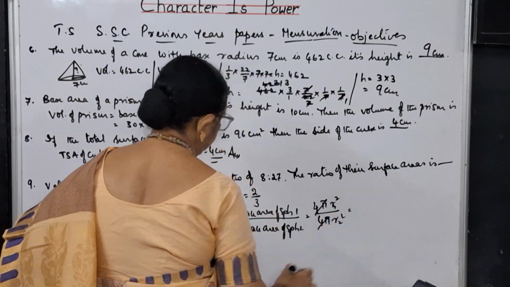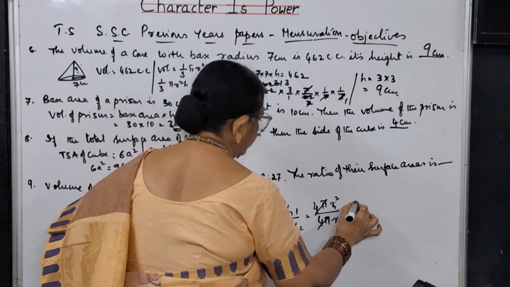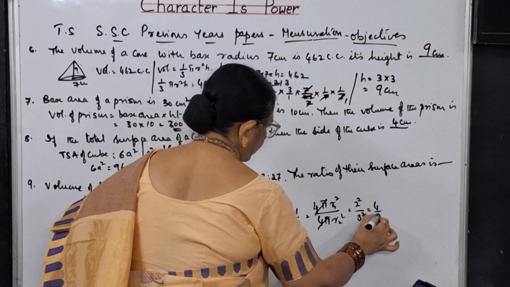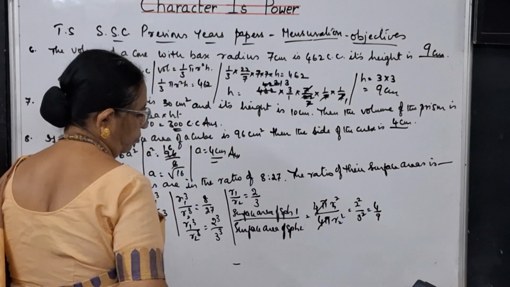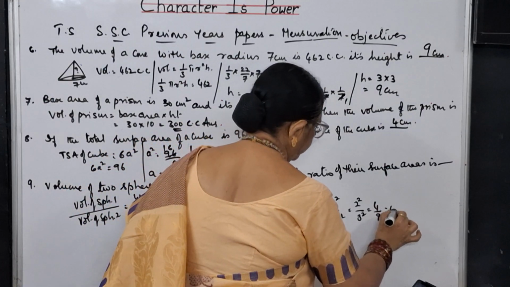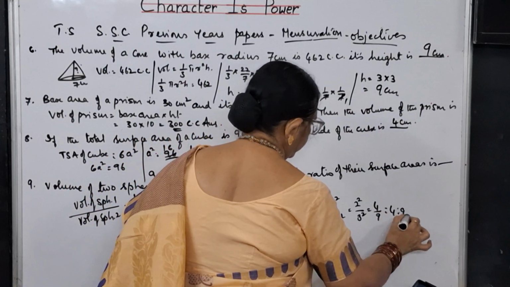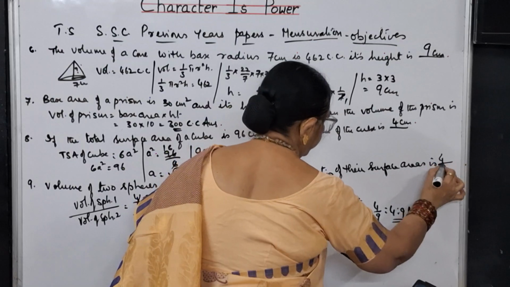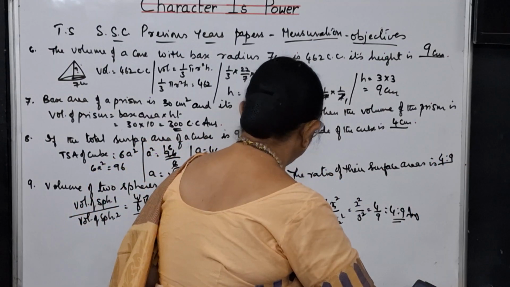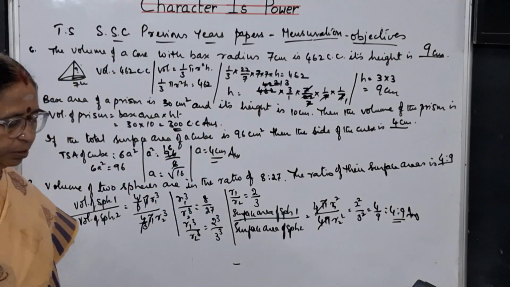These two will get cancelled, that is 2 square by 3 square, 4 by 9. 4 by 9 means how much? 4 is to 9. This is the answer. So please copy this, children. Ninth problem.